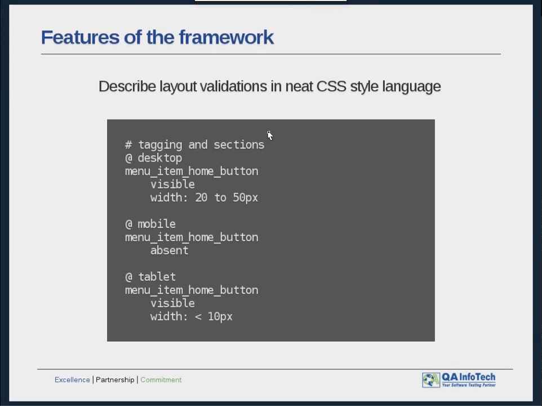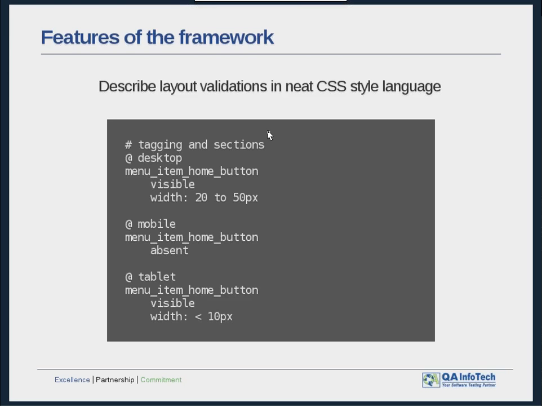There it is. So we have a way to annotate the sections of the spec file with various tags. For instance, I can add a desktop tag. On desktop resolution, just check for these attributes in this element, and on mobile resolution, check a different attribute or a different value of an attribute for this element.